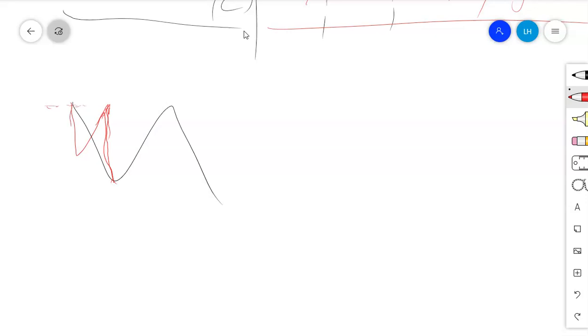The point where wave A started is where wave B will end. So this is what we call a flat.